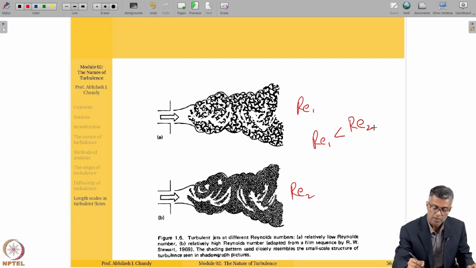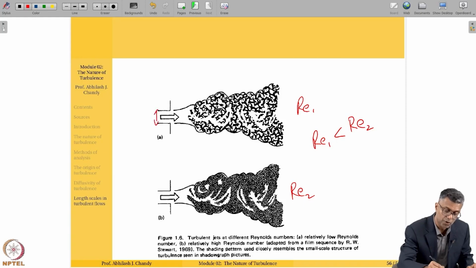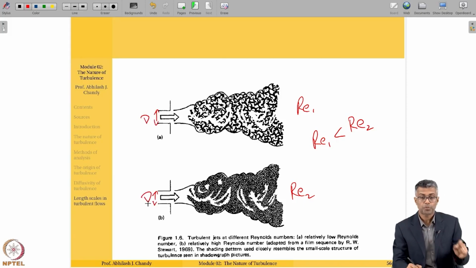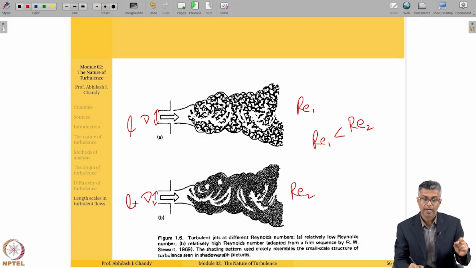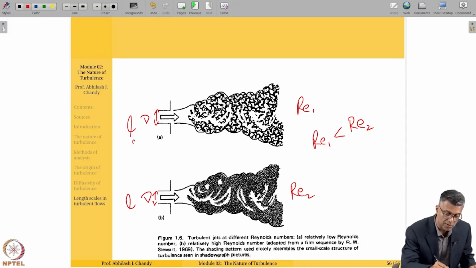As you can see, these are two different jets with the same nozzle diameter, which means the large scale is the same in both cases. It is L and it is L. Whereas the small scale is different. It is eta 1 and it is eta 2.